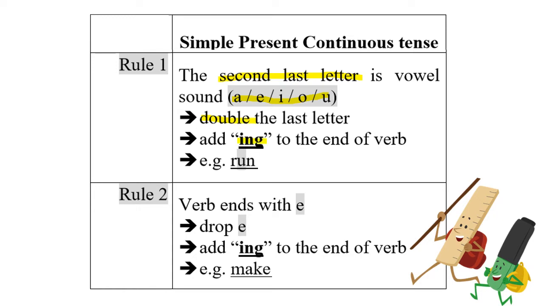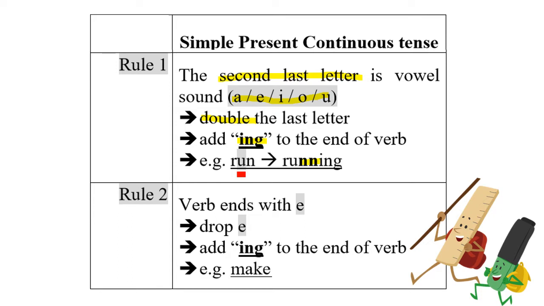For example, how to spell running? Correct. The spelling of running is R-U-N-N-I-N-G, because the second last letter of run is U, and that is a vowel sound. Rule number 2.